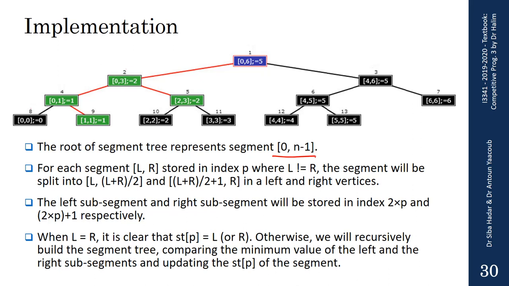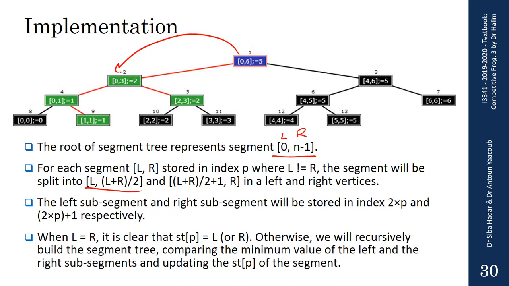The example here is the same as above, so it's between 0 and 6, since we have 7 elements. When we go to the left, we split each segment into 2, calling them left and right. The left segment goes from left to (left plus right) over 2.